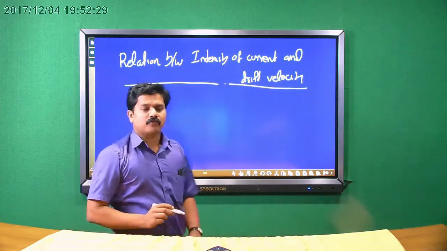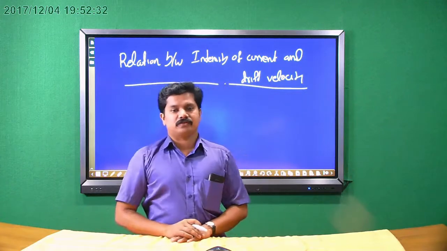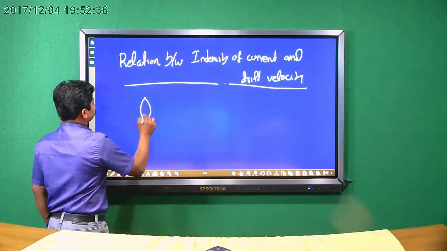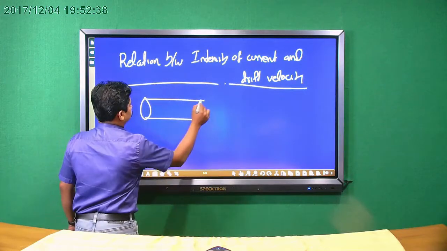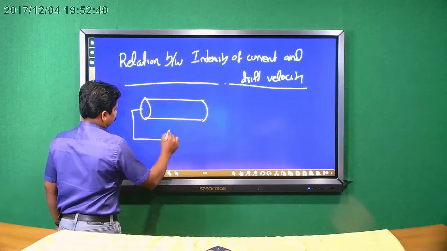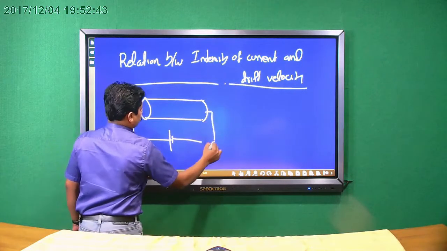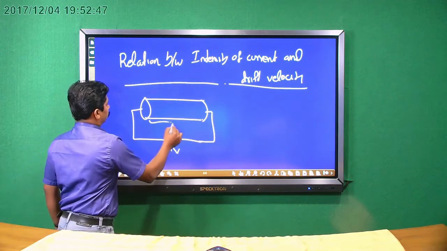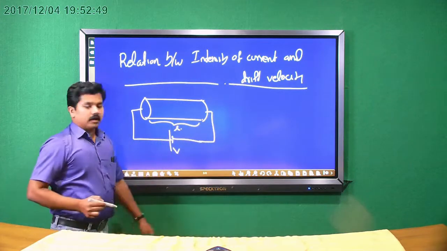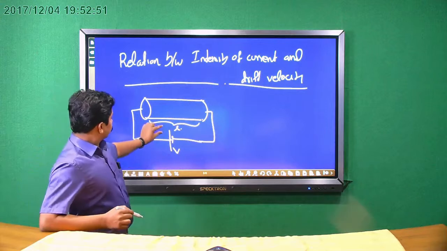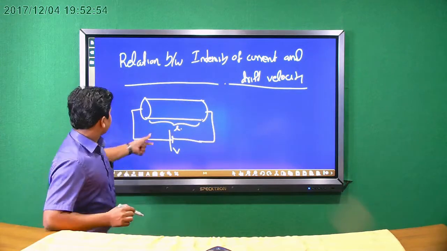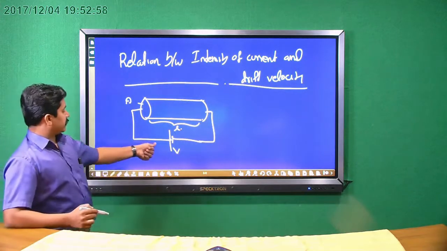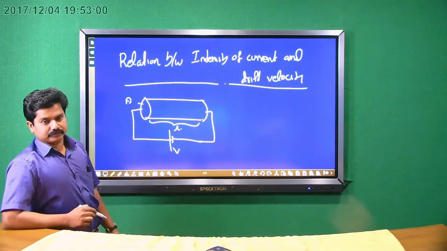Relation between intensity of current I and drift velocity. Consider a metallic conductor of length L and area of cross section A. A potential difference V is applied between the two ends.